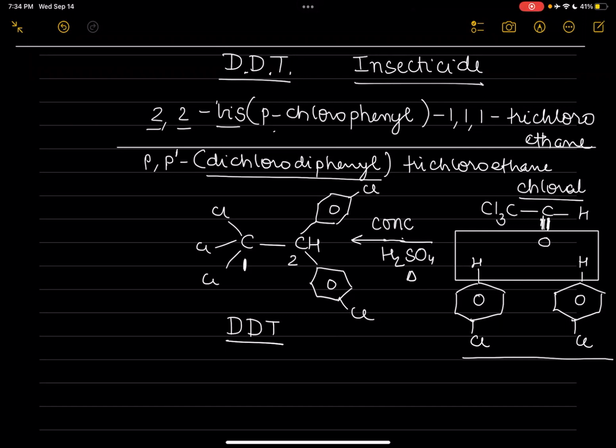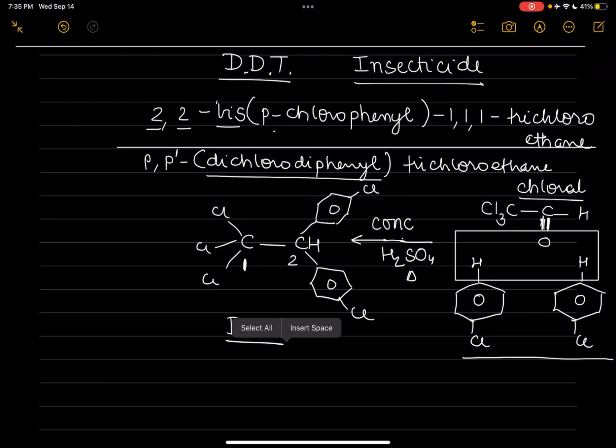Any idea? Tell me quickly. Yeah, it is because this is an organic molecule, and organic molecules are fat soluble. Okay, so it has two disadvantages. First of all, in the 1960s or earlier, a lot of DDT was used to kill insects, mosquitoes, flies.